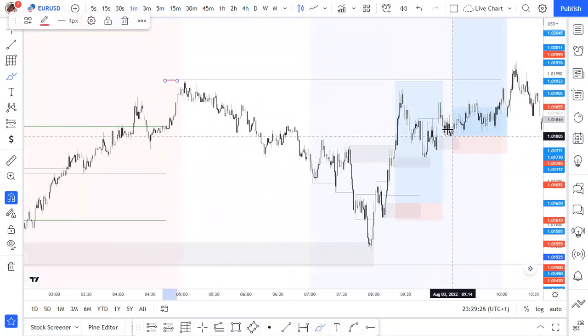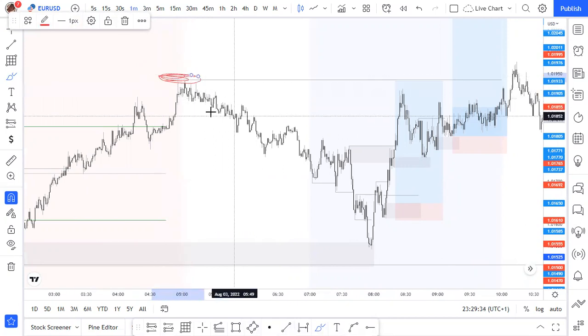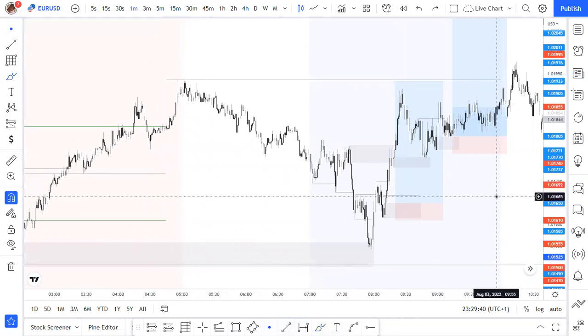When I took this particular trade, I was thinking to myself, I just want to partial out most of my trade above this high and then set my SL to break even, which is what I actually did.